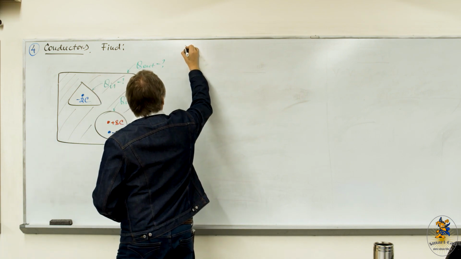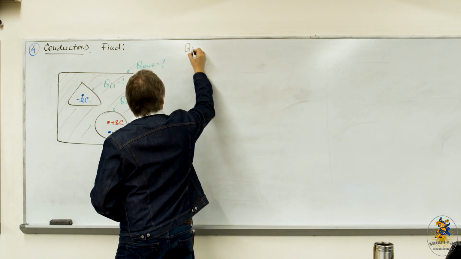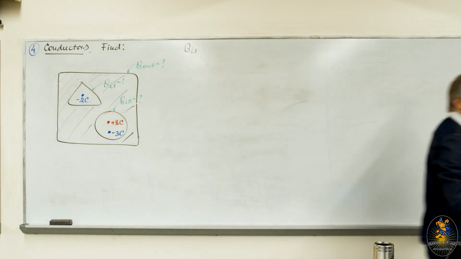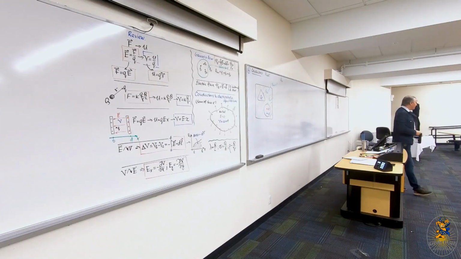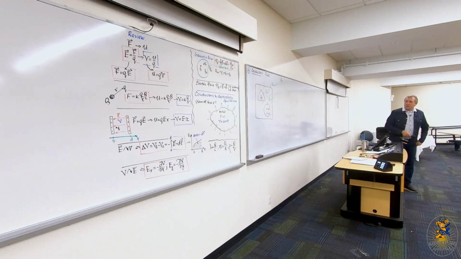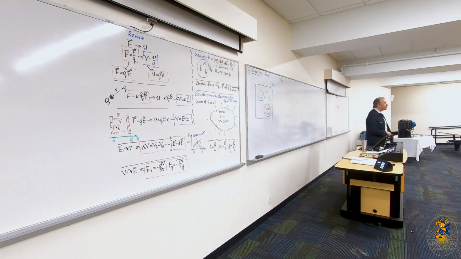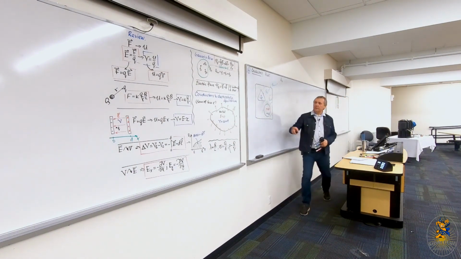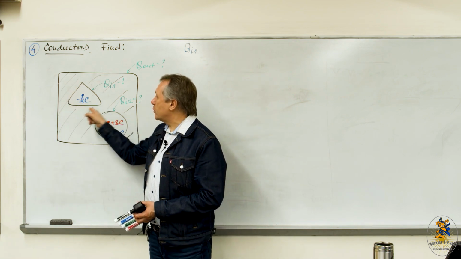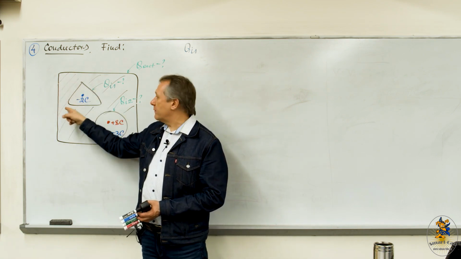So now let's start with Q interior of the first surface. What will be the amount of charge on the interior surface number 1? Yeah, plus 2 coulombs. Right. Again, if you want to prove it, of course, you have to use Gauss's law. Pick the Gaussian surface just above that surface, right?